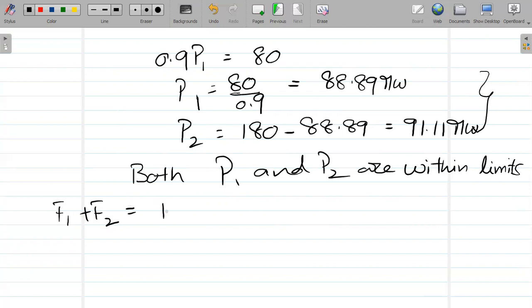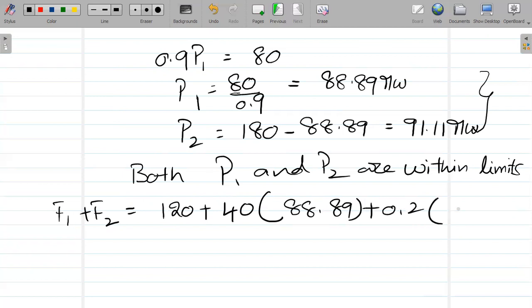What is F1? 120 plus 40 P1 plus 0.2 P1 square, where P1 is 88.89.